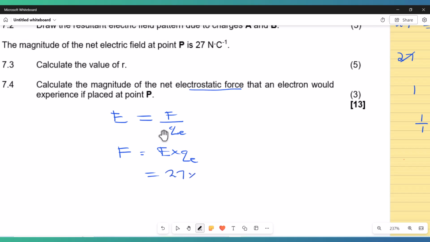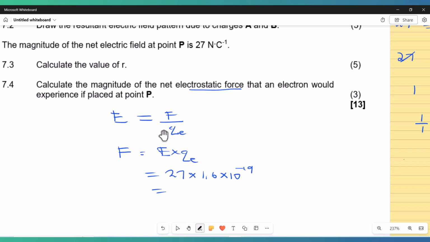The charge on the electron is 1.6 times 10 power negative 19. So which answer do we get here? 27 times 1.6 times 10 to the negative 19 gives me 4.32.